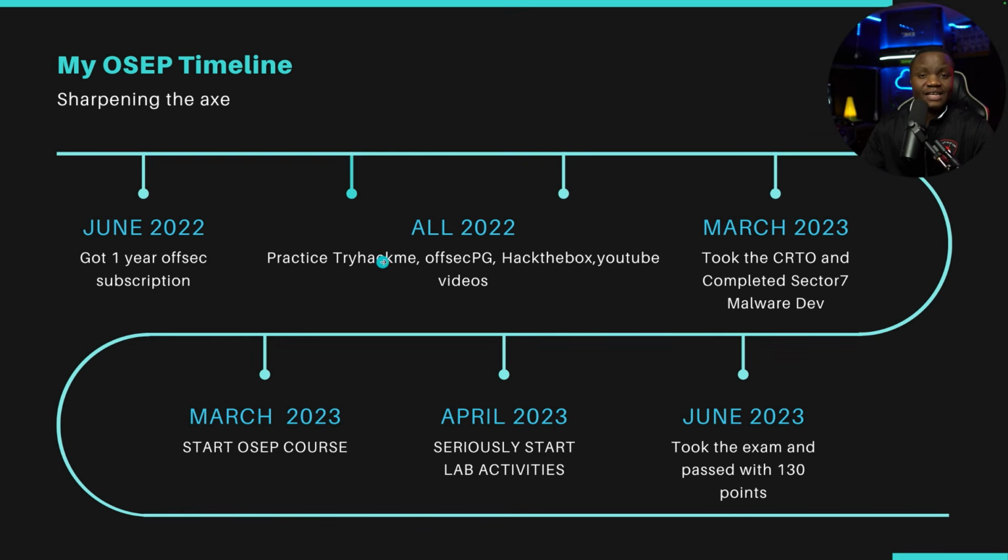I practiced a lot on Try Hack Me, OffSec Proving Ground, Hack the Box, and I made a lot of YouTube videos. So if you follow me, you will probably see a bunch of series that I've created where I was attacking a lot of Windows machines. I actually intentionally went after Windows machines because I wanted to become better. I also set up a lot of labs in my own personal home lab environment just to make sure that I can practice.